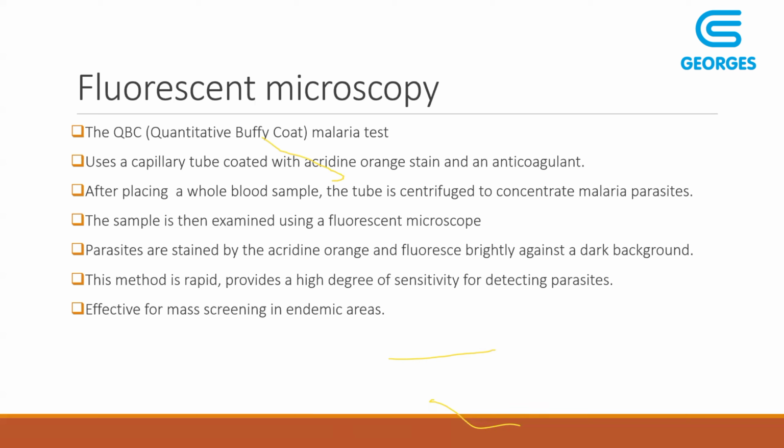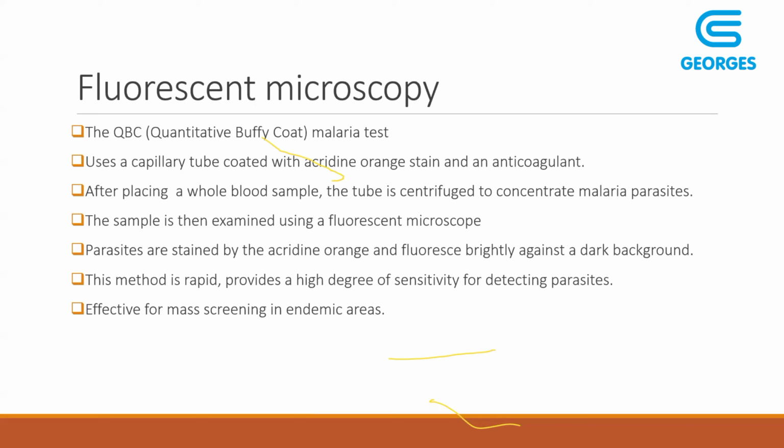And also inside the capillary tube, we have a small anticoagulant. So a small blood sample is placed inside the tube. The tube is centrifuged. A special centrifuge is used to centrifuge this tube to concentrate malaria parasites. And then the sample is examined using a fluorescent microscope.